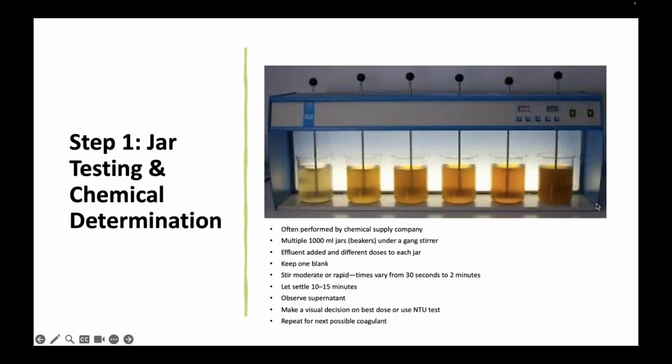But ultimately, what we recommend and what you should definitely do if you're going to look at doing this is you want to start by doing jar testing. And that's where you work with a chemical supplier to get a sample of the water, right? You get a sample of water at either multiple points in your lagoon system, so influent, lagoon 2, cell 3, etc. And then you also want to sample and test using different chemicals, right?